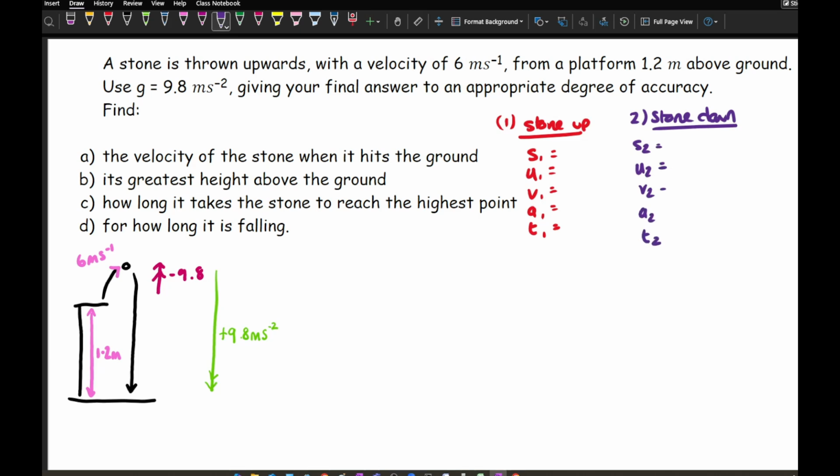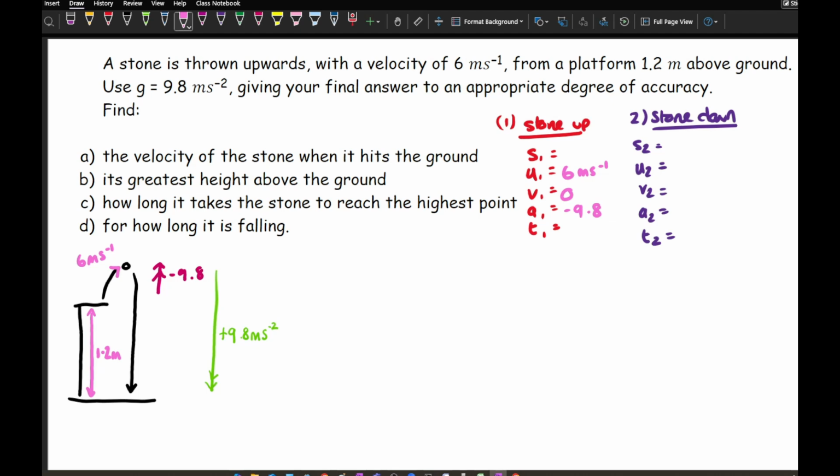Now let's have a look at what information we know. For when the stone goes up, I know that the initial velocity is 6 meters per second, and the final velocity, which is when it reaches its highest point, is going to be 0. I also know that the acceleration is going against gravity, so that's going to be minus 9.8, and that's as much information as I know for that.